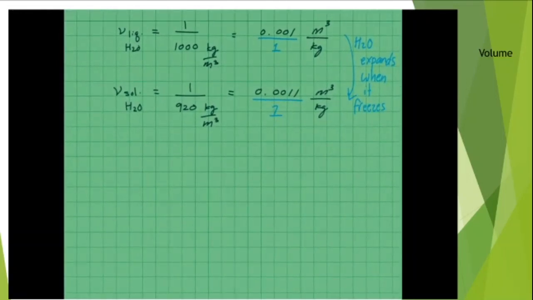And one thing that we can see from this example is that the properties are related to the phase of a substance. So the thermodynamic properties, and I'm going to just write properties for short, they describe the phase of the substance.